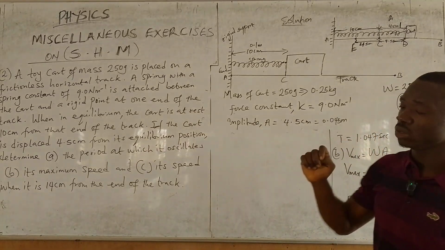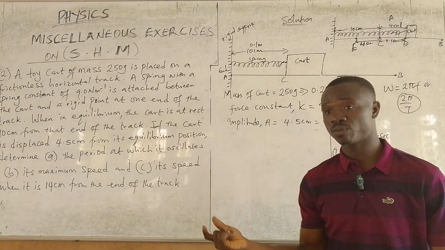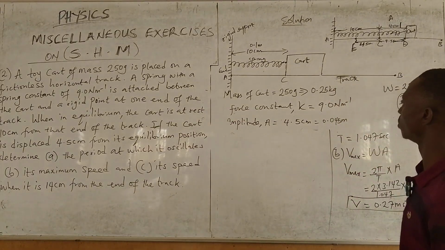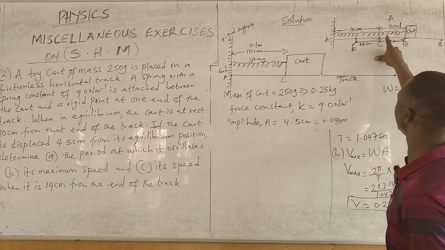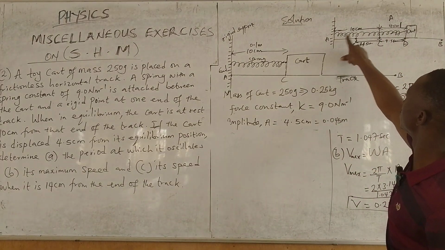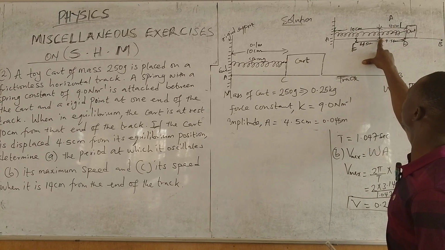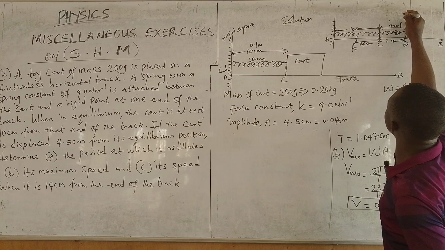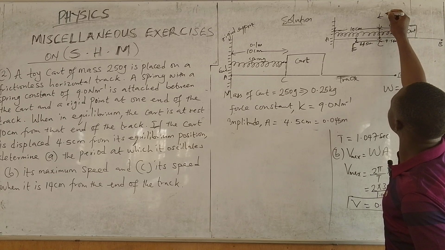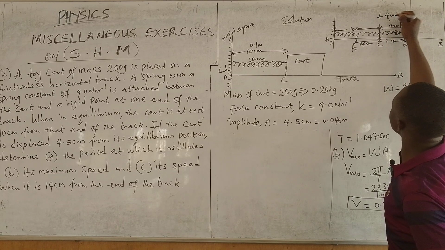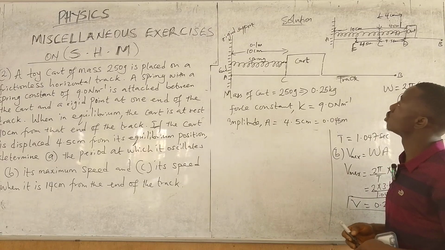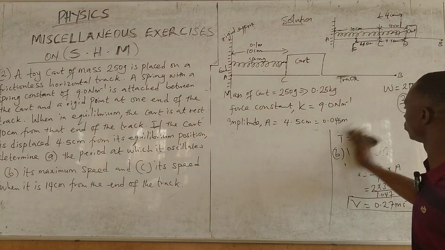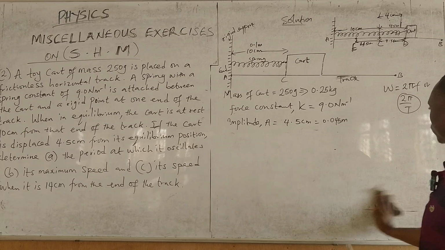Because your distance must always be from where? Equilibrium position. Your x must be from your equilibrium position. So equilibrium position is 10 centimeter from end A. So 14 centimeter definitely will be what? It's going to be 4 centimeter. That's 14 minus 10. So we have 4 centimeter from the equilibrium position.